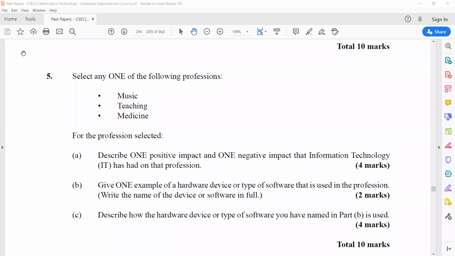Yes, so one positive is you could use IT to carry out your lesson plan, and we're experiencing something like that right now, where there is a recommended restriction in physical communication. So because of IT, we could have classes online and remotely, right? So that's one positive. One negative impact could be what?